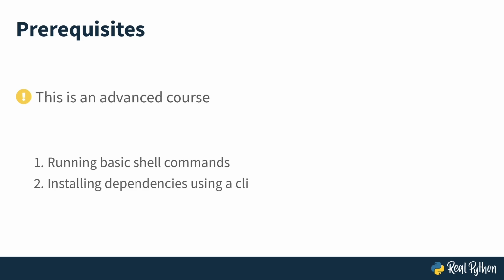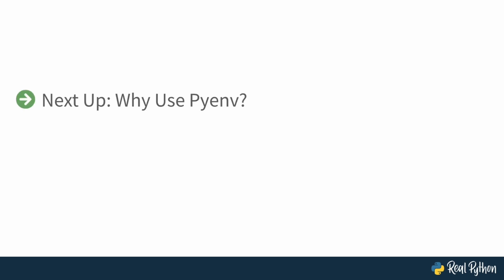Installing pyenv is pretty straightforward when you know your way around the command line, but some people run into issues every now and then. So, without further ado, let's get started in the next lesson with discussing why you would use pyenv and not just the Python version that comes installed on your system.